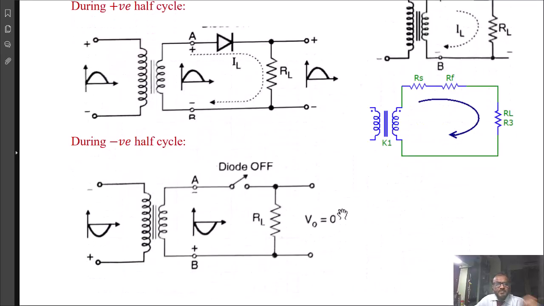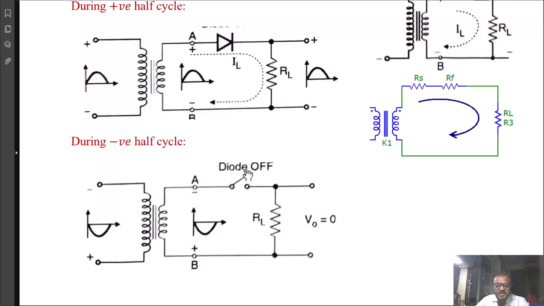Let us see what will happen during the negative half cycle. During the negative half cycle, the input is changing polarity. Therefore, voltage VAB also reproduces the same negative half cycle. When A is negative with respect to B, the diode anode is negative with respect to the cathode, and therefore the diode will be turned off.